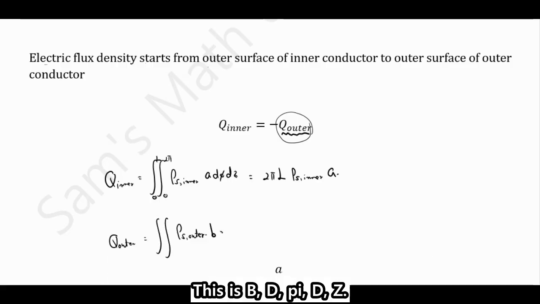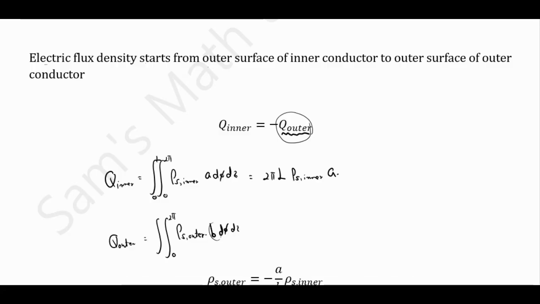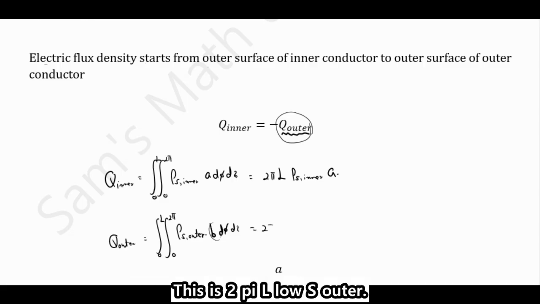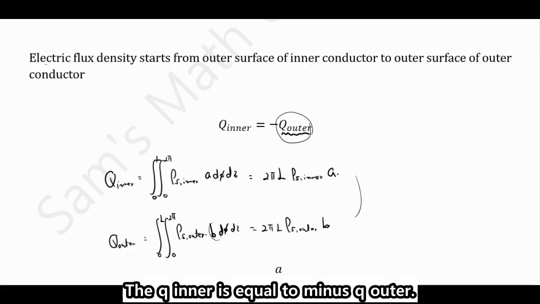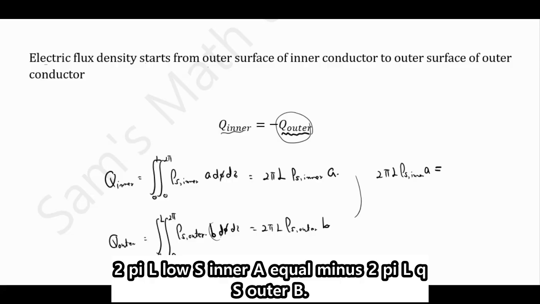This is B d phi dz, where B is the radius, and the range of phi is from 0 to 2 pi, and the range of z is from 0 to L. This is 2 pi L rho s outer multiplied by B. So Q inner is equal to minus Q outer: 2 pi L rho s inner A equals minus 2 pi L rho s outer B.